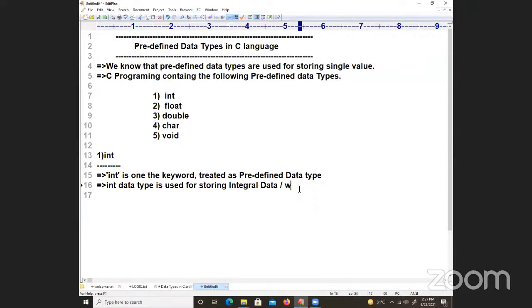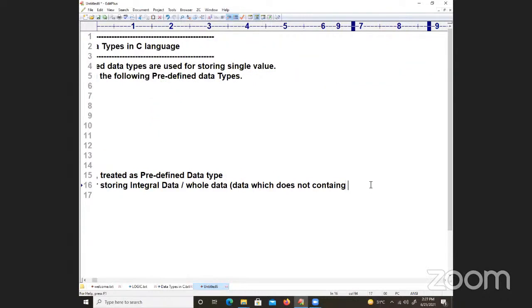Some people also call it whole data. It is our mathematics terminology: integral or whole data, which does not contain decimal places.